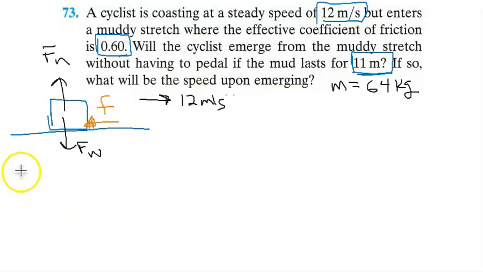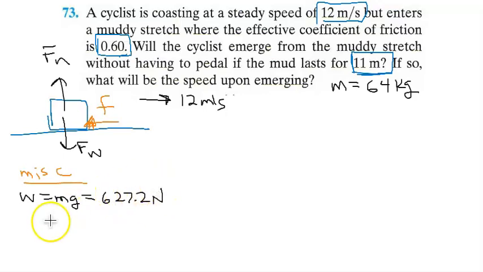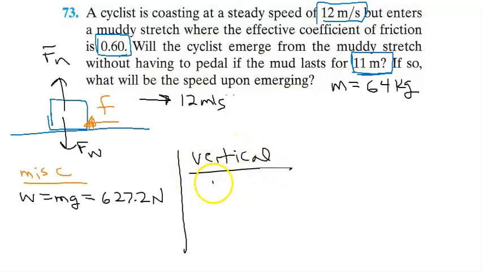All right, let's go to our miscellaneous and calculate the weight of the cyclist. 627.2 newtons. We have done the vertical. No, I'll do it again, and you can skip forward in case you haven't watched the videos. Okay, vertically, it is not accelerating up and down. So you have force of the normal minus force of the weight equals 0.